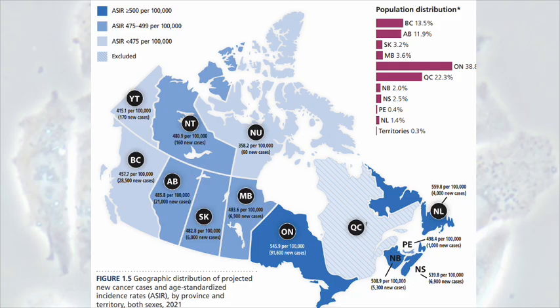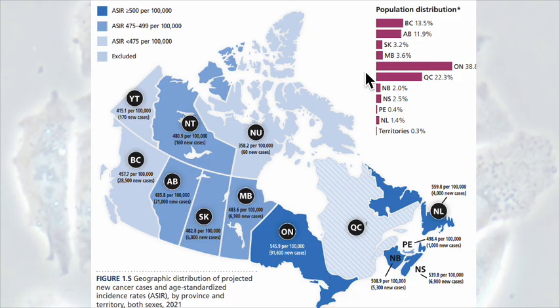Okay. And so this chart kind of shows that across different geographical regions. So it's showing the geographic distribution of projected new cancer cases and age standardized incidence rates. So now we've performed that standardization by age, and we've organized this by province.